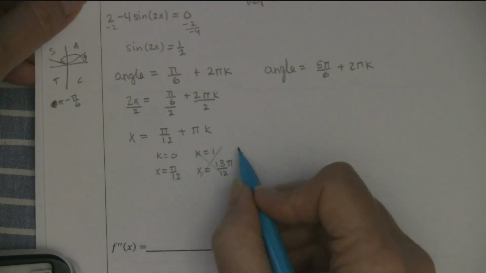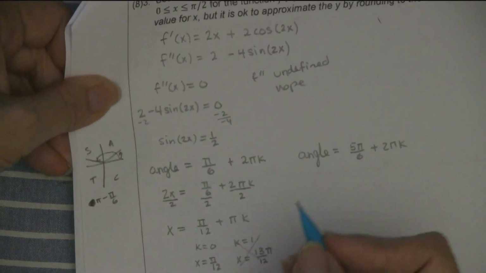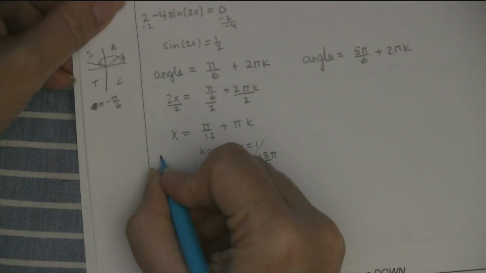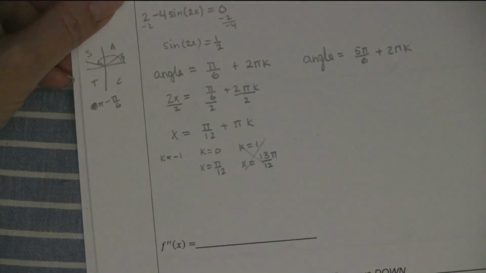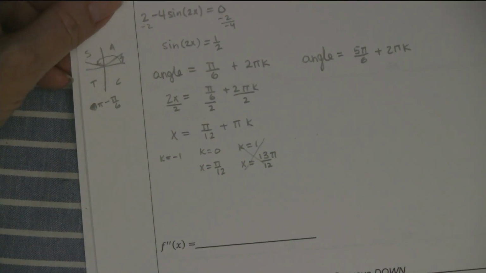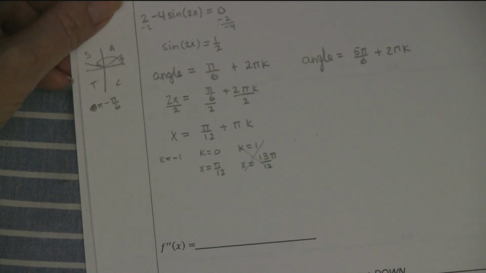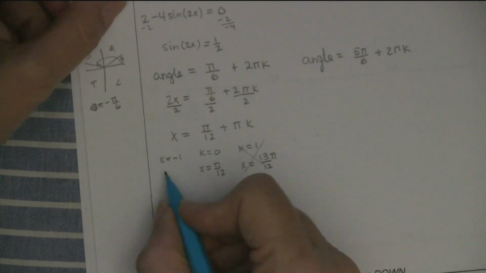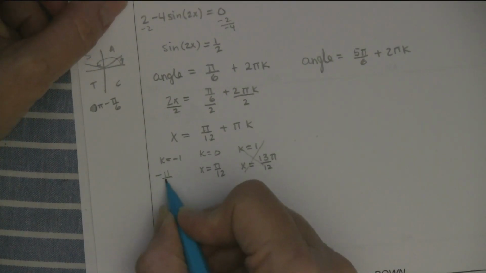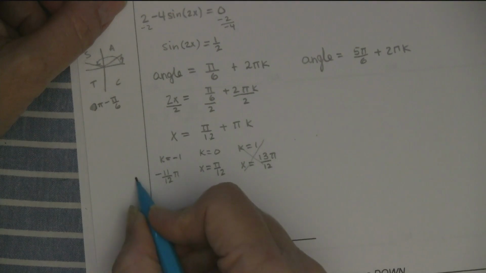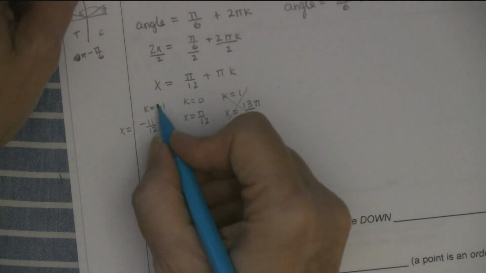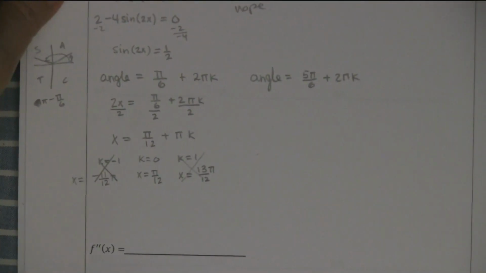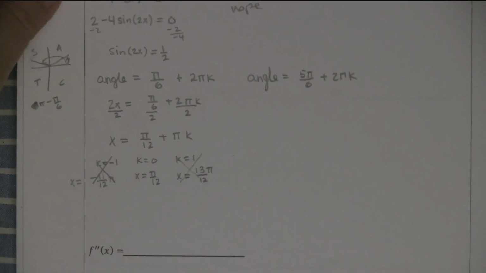So there's no reason to go this way, right? And if k equals negative 1, then I would be subtracting, and so that would be 1/12 subtract 1. I put subtract 11 in my calculator, and that's negative 11 pi over 12, and that's before my interval, right? So that's not right. Okay, so we have one critical value there.